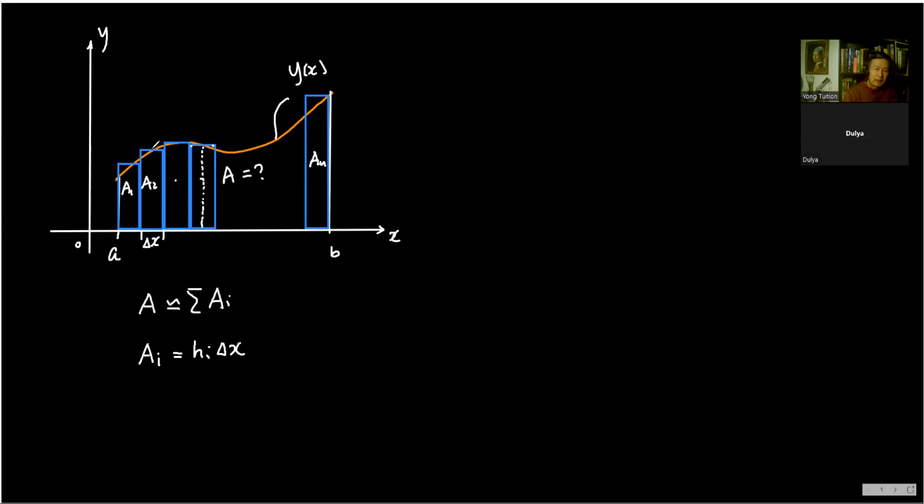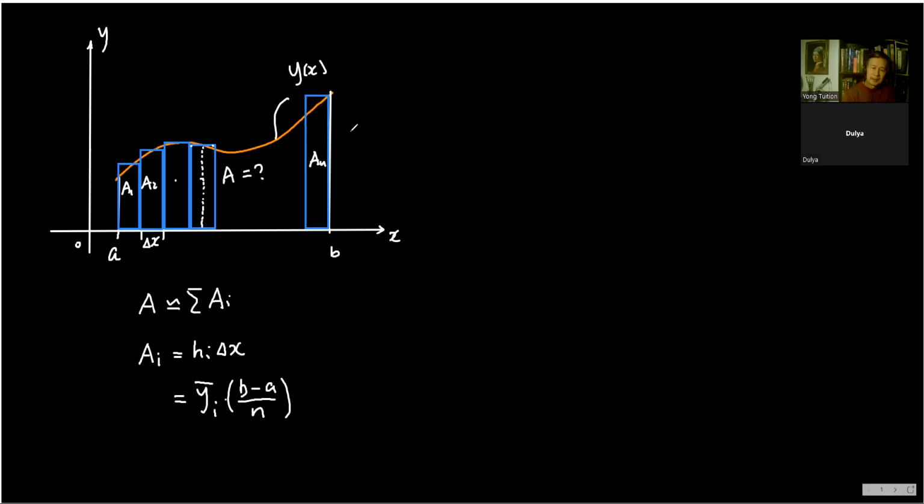So you can use y_i multiplied by delta x. If you divide this into n parts, delta x can be written as (b - a) divided by n. Basically, we chop this area into n slices.